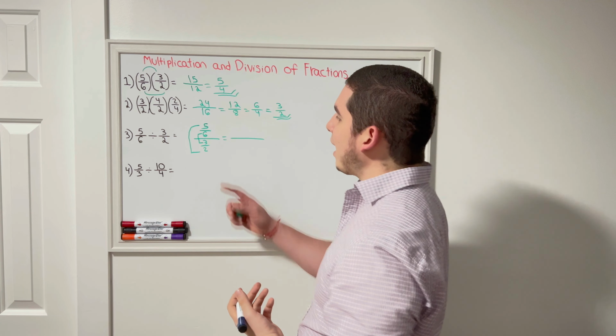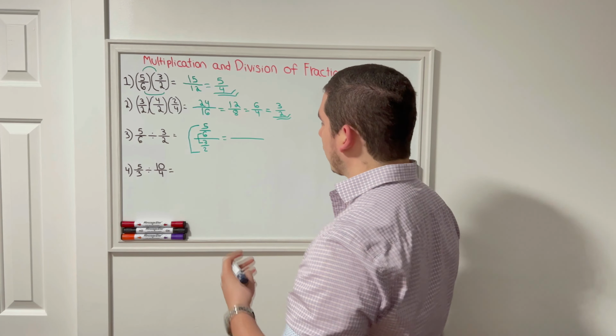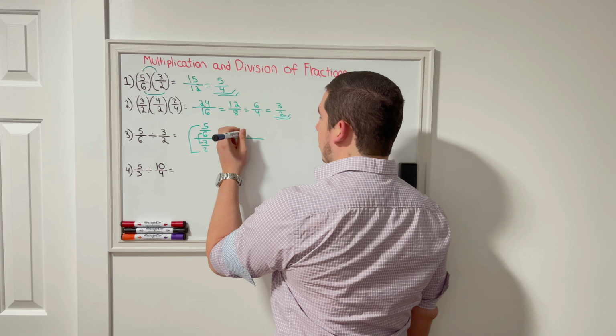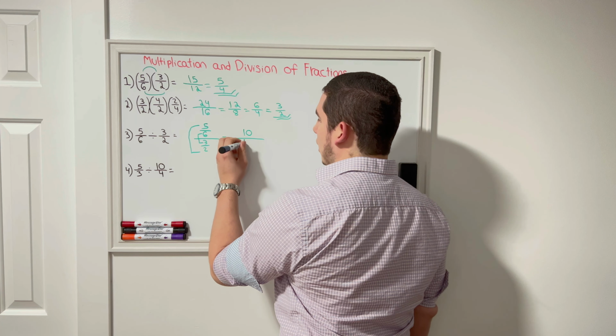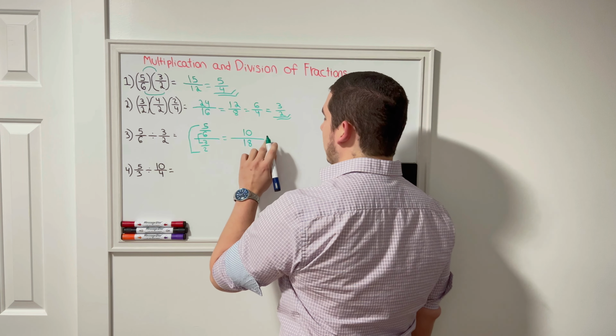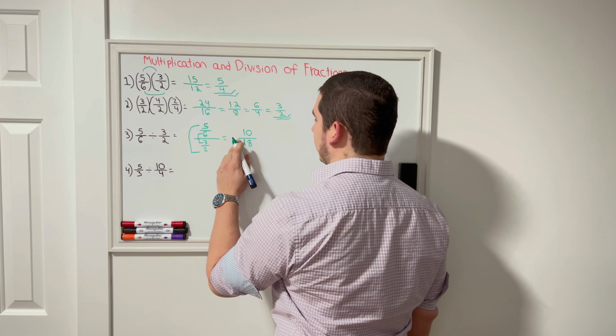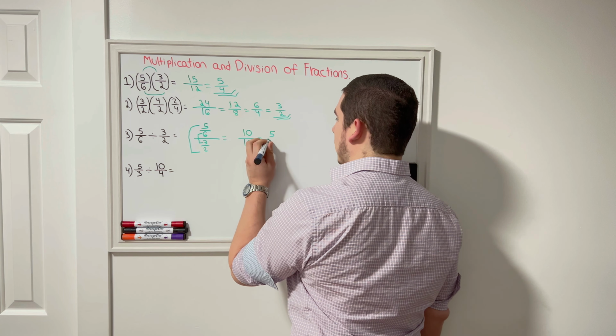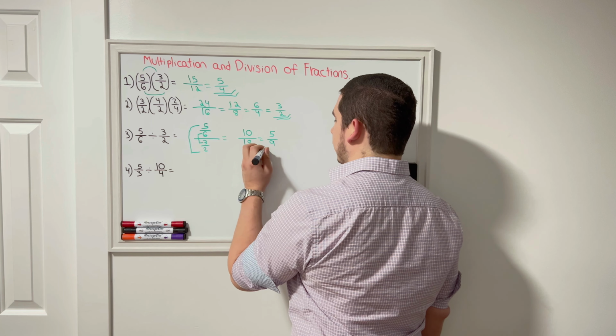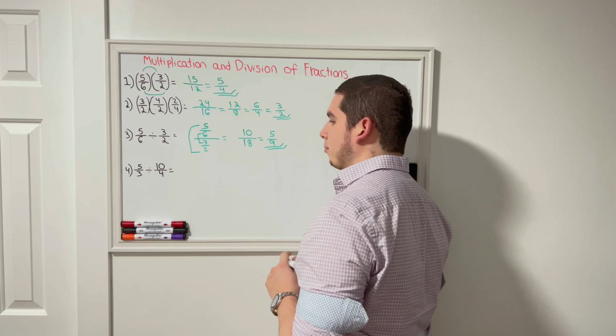That is why it's called the end-by-end rule. Now, 5 times 2 equals 10, and 6 times 3 equals 18. This can be divided by 2, so it's 5 over 9. And that's our final answer.